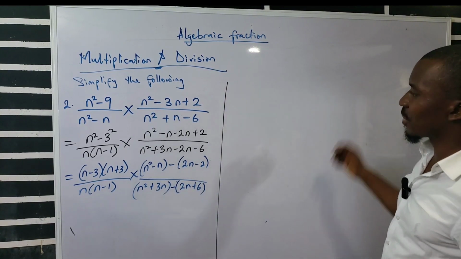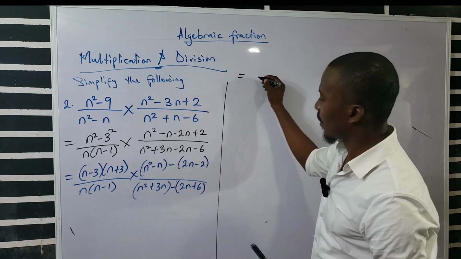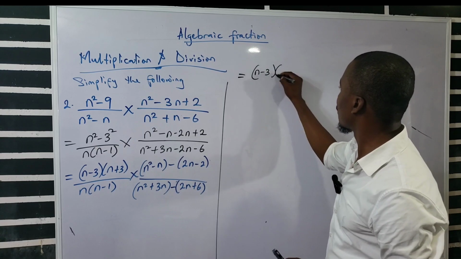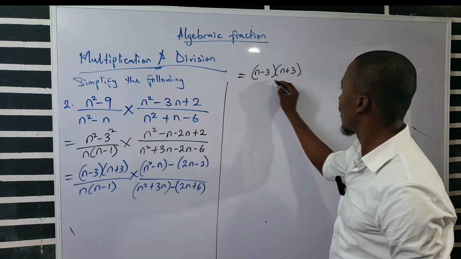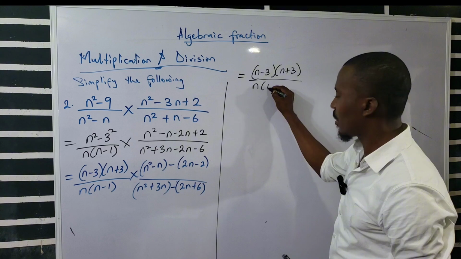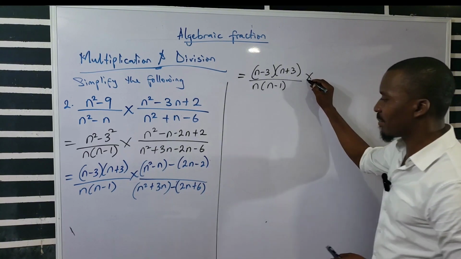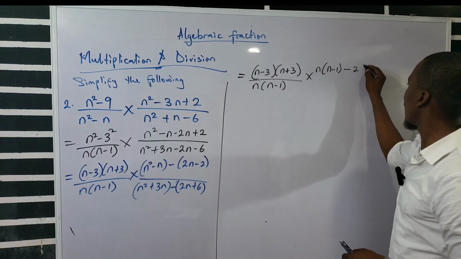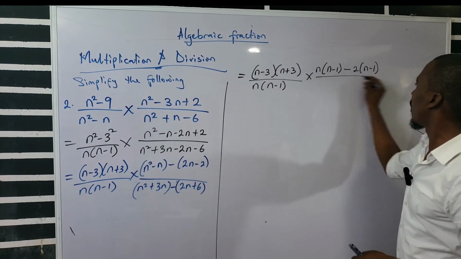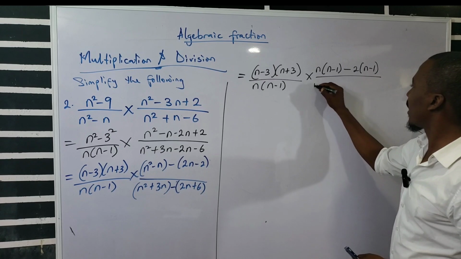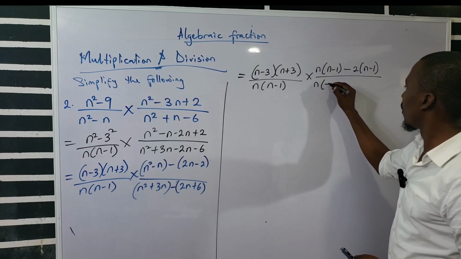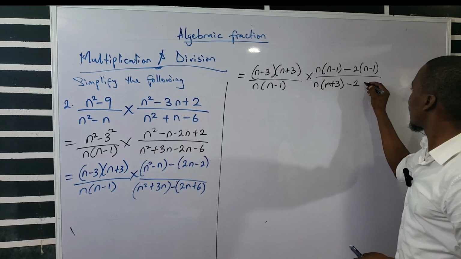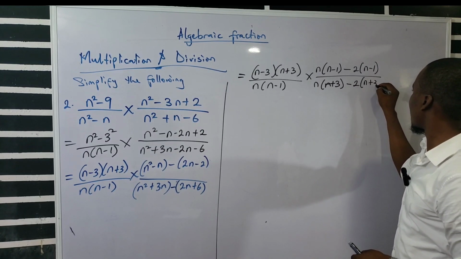Okay, so let's finish it up here. That will give us n minus 3 into n plus 3 all over n into n minus 1 times n out n minus 1 minus 2 out n minus 1 all over n out n plus 3 minus 2 out n plus 3.